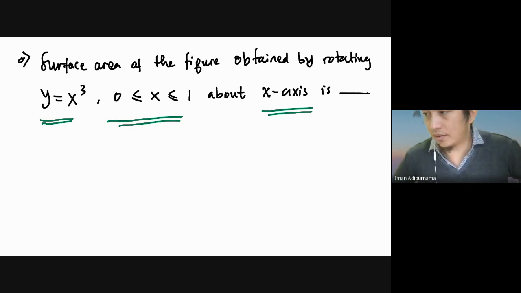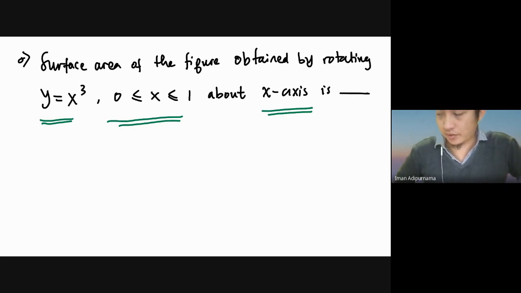There's an interesting idea on the surface area and volume, because we have learned the improper integral, right? We can have the interval from, let's say, 1 to infinity. If you remember the 1 over x or 1 over x squared, right?